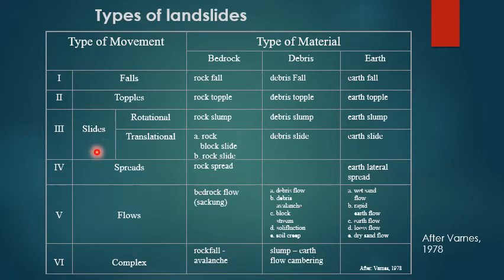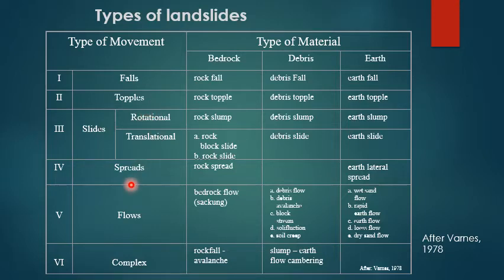Slides, movement occurs dominantly on surfaces of rupture or on relatively thin zones of intense shear strain. There are two types of landslides depending on the motion. We have the rotational and translational.